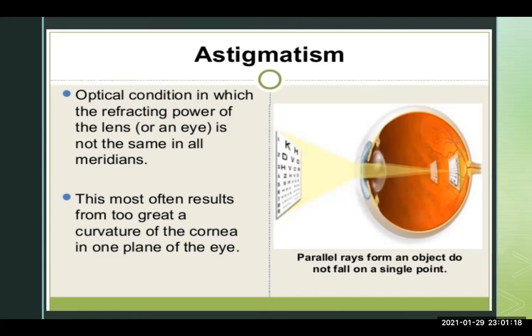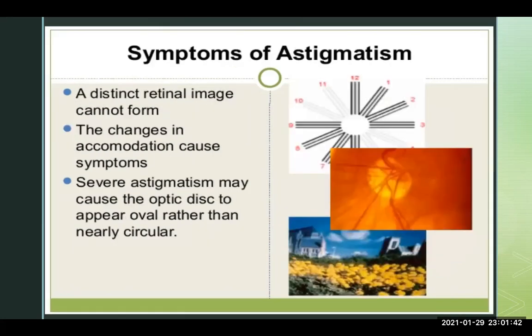This will lead to this abnormal and unequal refraction and the astigmatism. This most often results from too great a curvature of the cornea in one plane of the eye. So the parallel rays from an object do not fall on a single point.